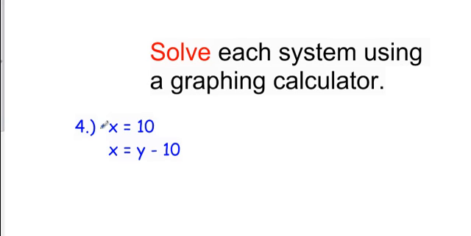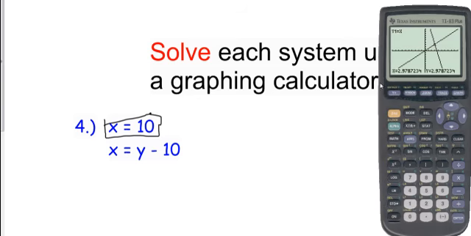Back to number 4. Okay, the problem is this has no y in it, which means that this was going to be very difficult to solve with the graphing calculator. I'm going to put y, oh, I have to manipulate this one.